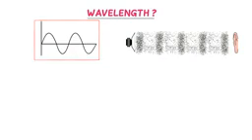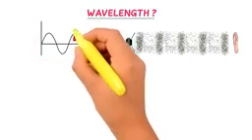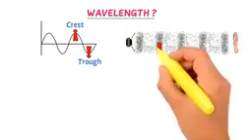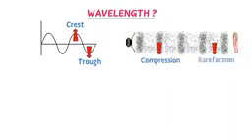Now what is wavelength? Consider the motion of these two waves. We know from the previous lecture that transverse waves travel in consecutive or successive crest and trough, while longitudinal waves travel in successive compression and rarefaction.